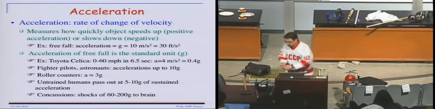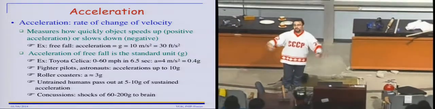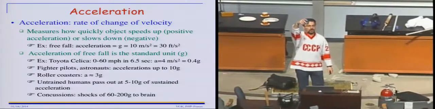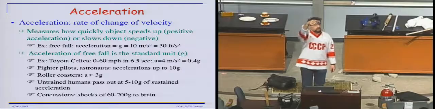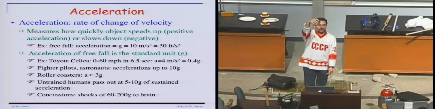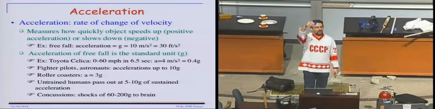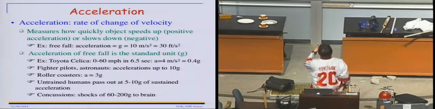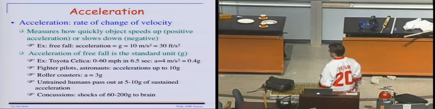For example, the standard unit of acceleration on Earth is gravitational acceleration g, simply because we experience it almost every day. If you drop a ball from rest, this ball will accelerate as soon as you let it go. It accelerates with the acceleration of g, in units of meters per second, about 10 meters per second squared, or about 30 feet per second squared.